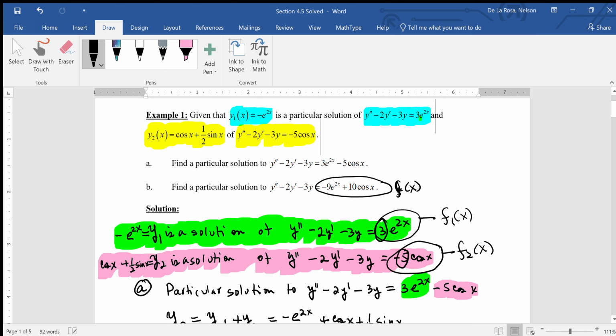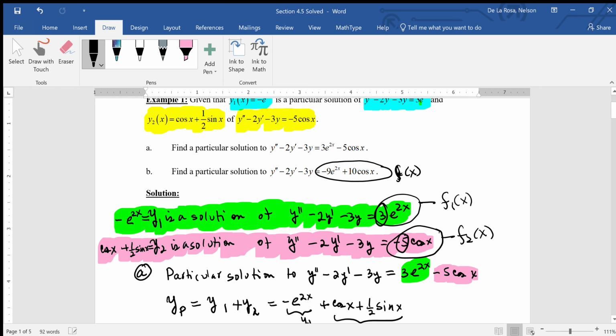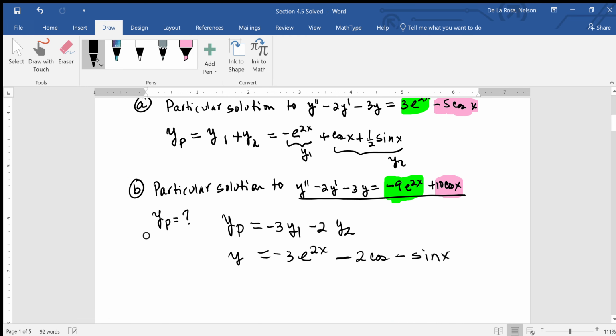So we have to multiply that by negative 2. So what are we going to get? We're going to get negative 2 cosine of x minus sine of x, right? And this is the particular solution we have arrived at using the linear combination from applying the principle of superposition.